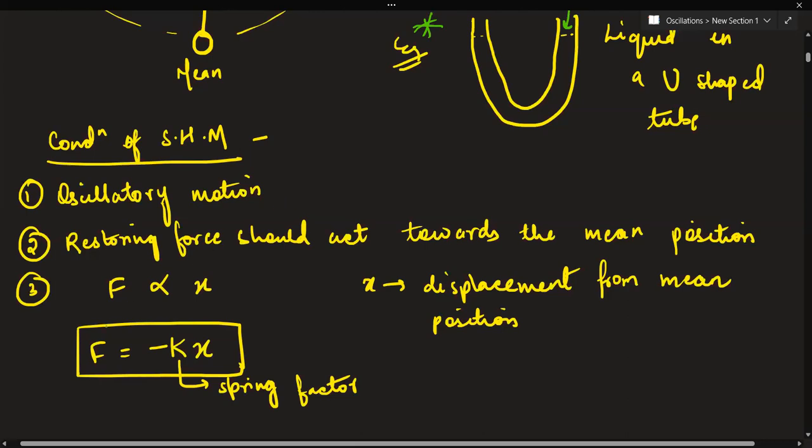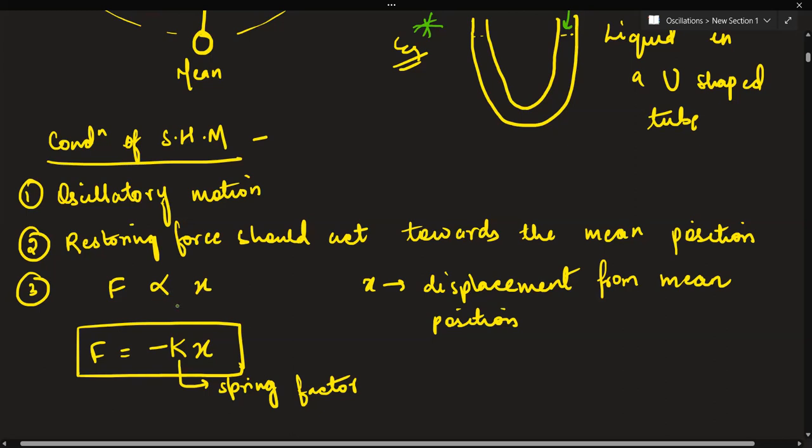The other point is that this restoring force should act towards the mean position. Obviously, that's why it will try to move the object back to its original position. Only then will the object be able to retract back to its mean position.